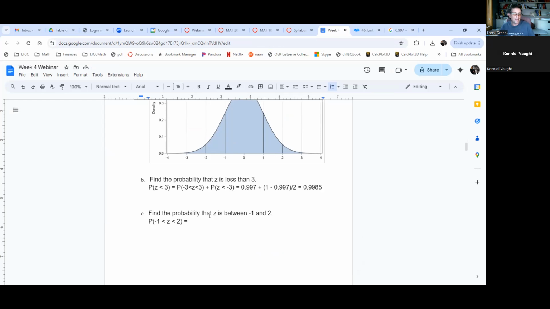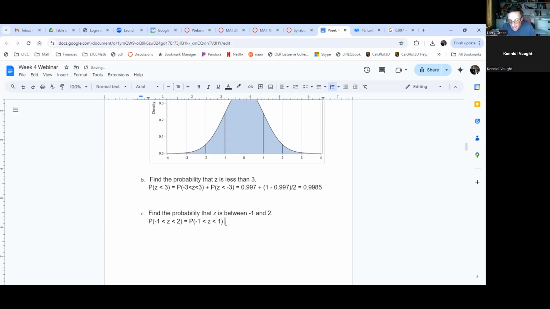Find the probability that z is between -1 and 2. And the idea here is we're going to do something really similar. We're going to say, well, we know the probability between -1 and 1. So that's going to be equal to the probability that -1 is less than z is less than 1.